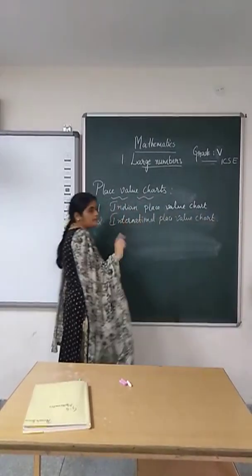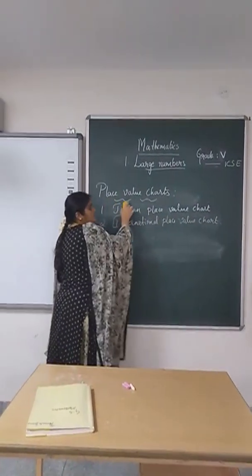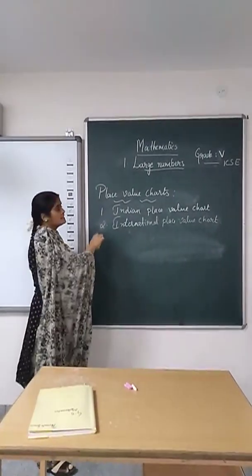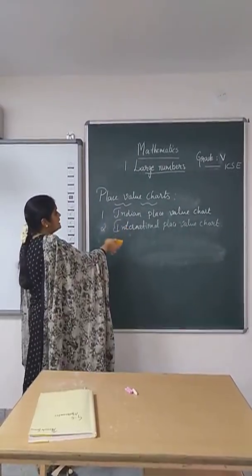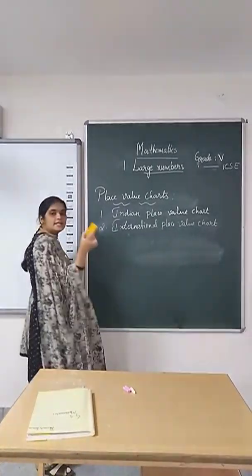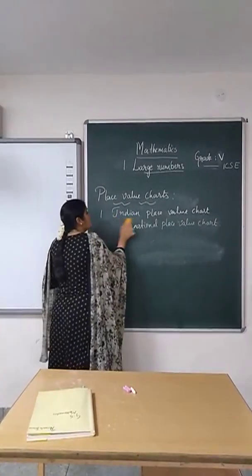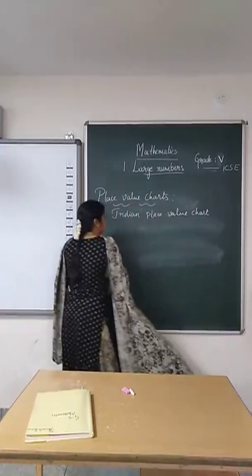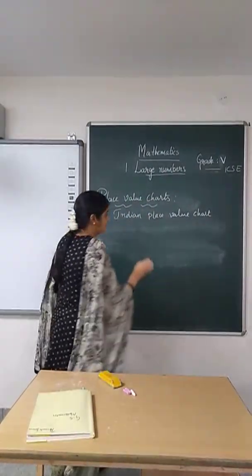So you need to remember there are two place value charts. First one is the Indian place value chart. The second one is the international place value chart. Now let us focus on the Indian place value chart, which goes on like this.